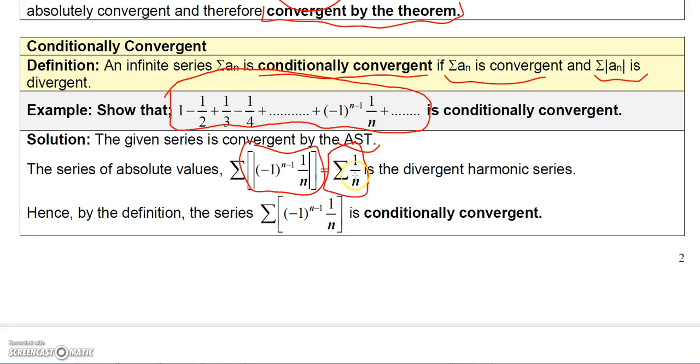And we know the series 1 over n is the divergent harmonic series. So hence, by this definition, since the given series converges, but the series of the absolute value terms diverges, this series that I started with up here is only conditionally convergent.